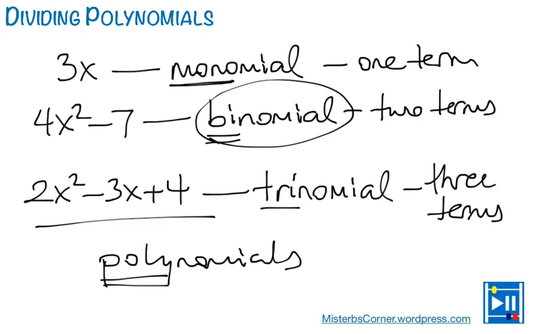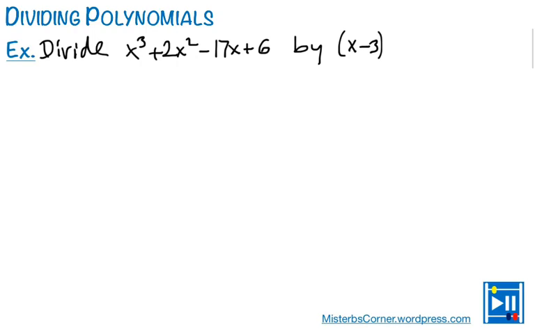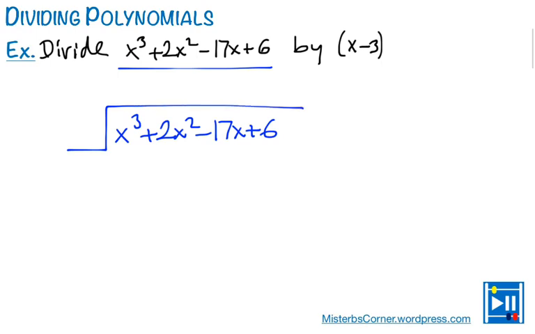Now, let's switch to division. In this example, it says divide x cubed plus 2x squared minus 17x plus 6 by x minus 3. So let's put these numbers around. I prefer to write the expression first, like x cubed plus 2x squared minus 17x plus 6, and then I just draw this. So I can write here x minus 3.